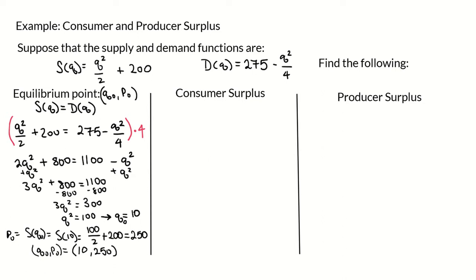So recall that consumer surplus from the overview video is equal to the integral from 0 to Q naught of the demand function minus P naught dq. So plugging in our values now, our Q naught is 10.